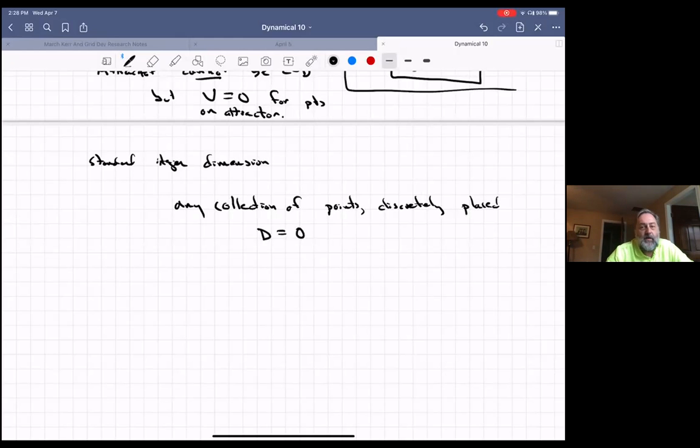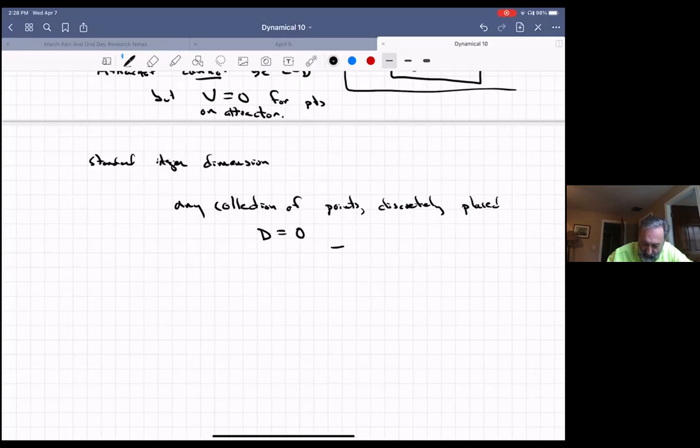If you take any collection of points that are somehow separated from one another, they have a dimension of zero, no matter how many of them you have.